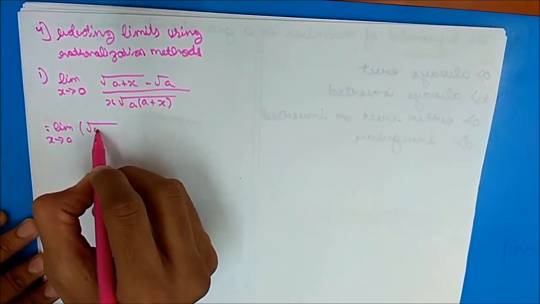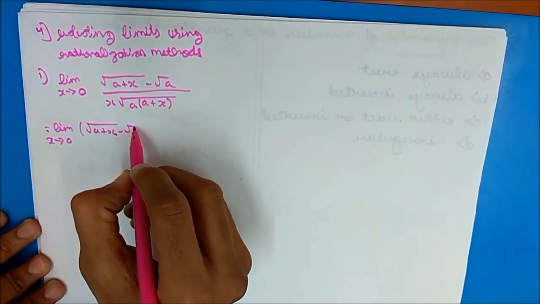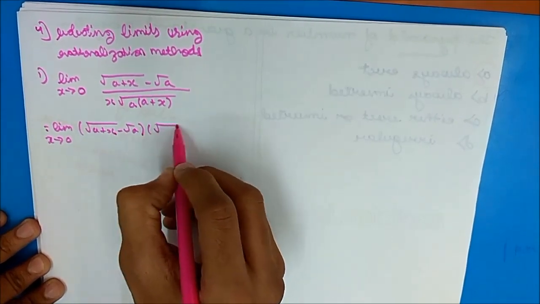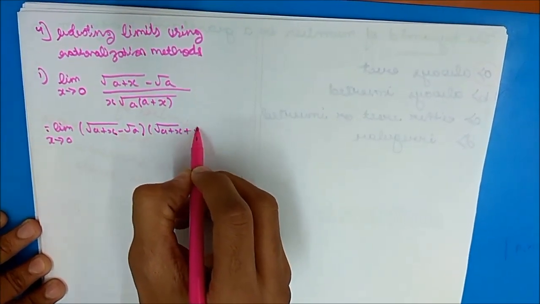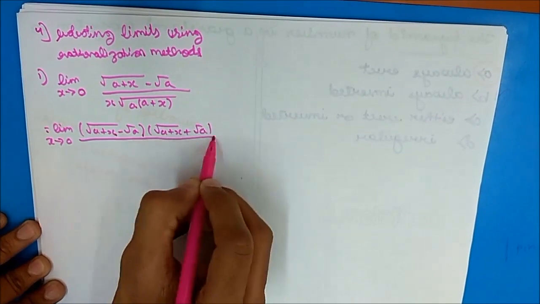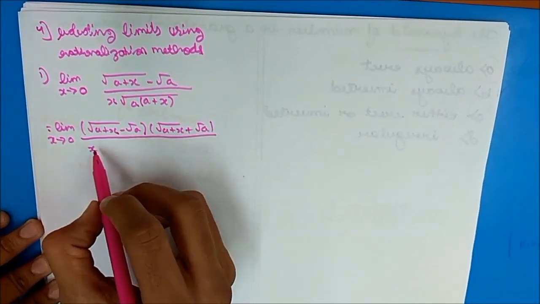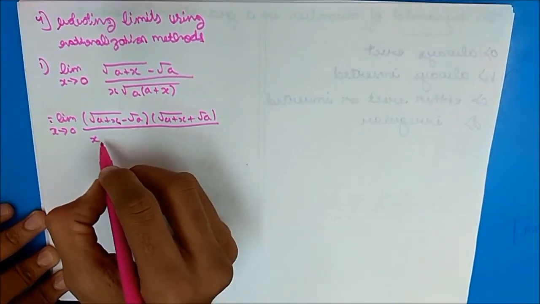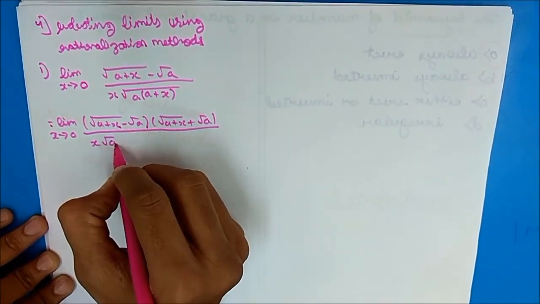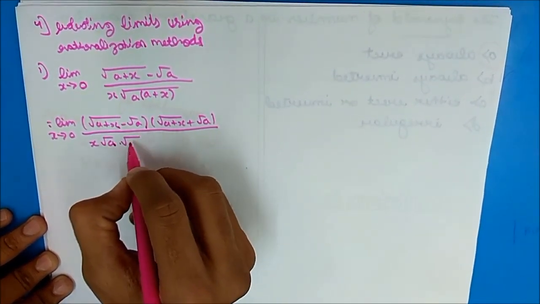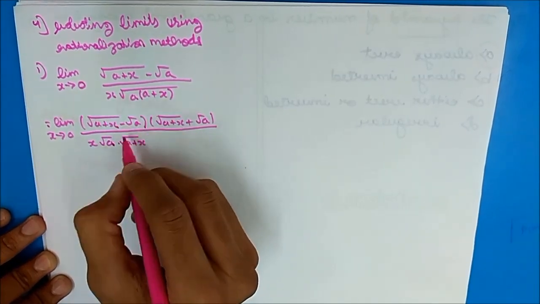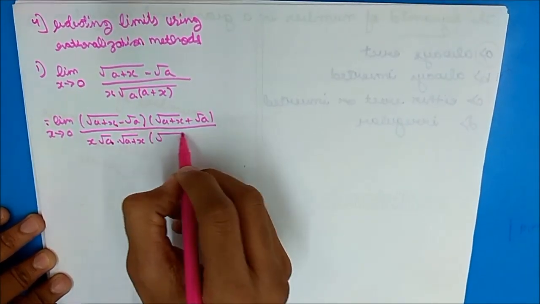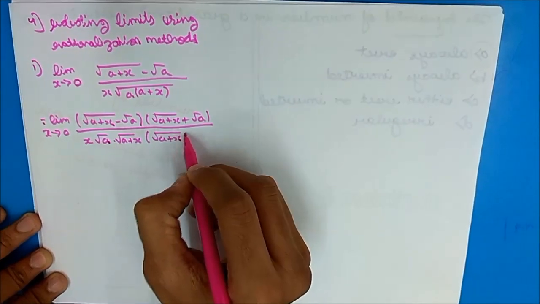So the answer will be limit x tends to 0, (root of (a + x) − root a) into (root of (a + x) + root a) upon x into root a into root of (a + x). We just multiplied by root of (a + x) plus root a.